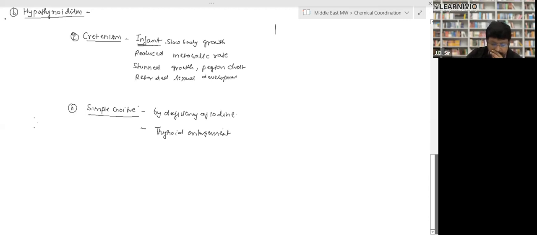It causes thyroid enlargement. It may lead to cretinism. Like goiter. Hypothyroidism, we delete. Okay, so the next gland is the parathyroid gland.